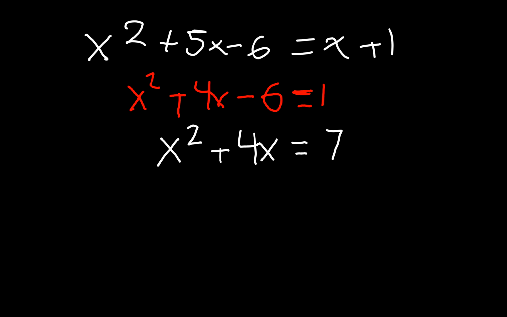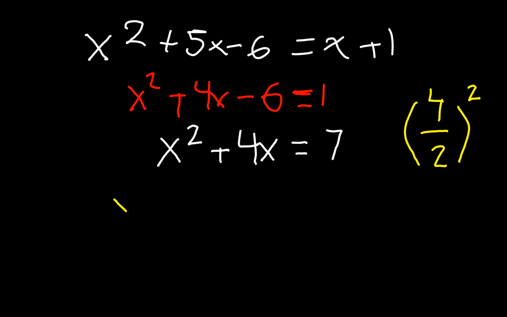Now after this, what you want to do is complete the square by taking your b value of 4 and doing 4 over 2 squared. And what you're going to get is 4.